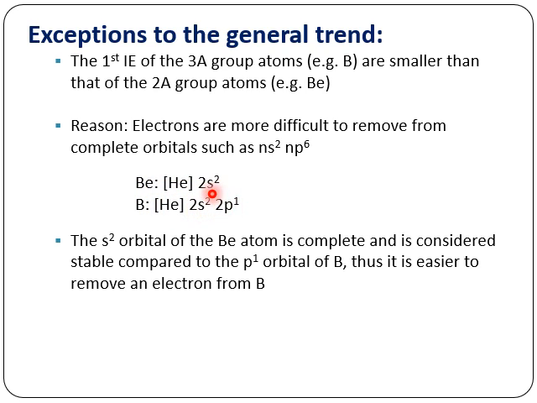Boron has one extra electron that is easily removed, but beryllium has 2s2, which is much more stable and complete. So the ionization energy of beryllium is much higher compared to boron. Boron's is much smaller.